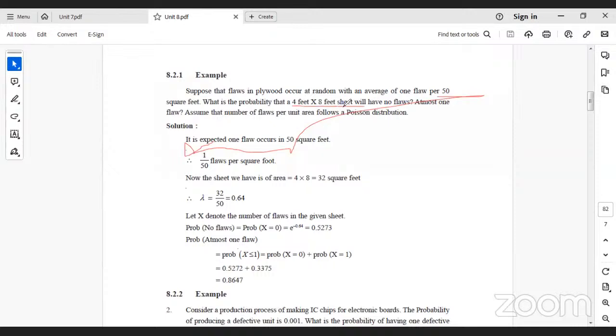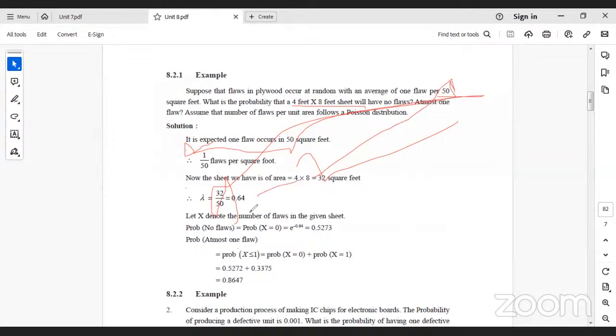Then 4 into 8 feet is 32 square feet, so 32 divided by 50. Tell me what 32 by 50 is. It is 0.64.